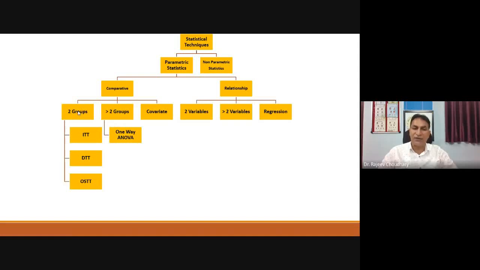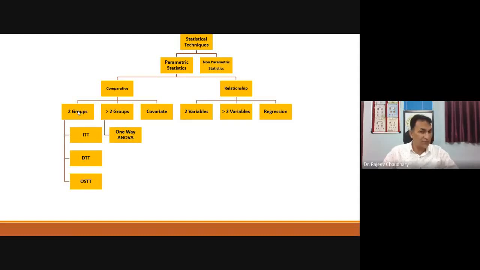In case of one-way Anova, in layman's language, not in the language of statistics, we can say that one-way analysis of variance is an extension of independent t-test. You may note down, this is the main sentence that clarifies the meaning of one-way Anova. One-way Anova is an extension of independent t-test.